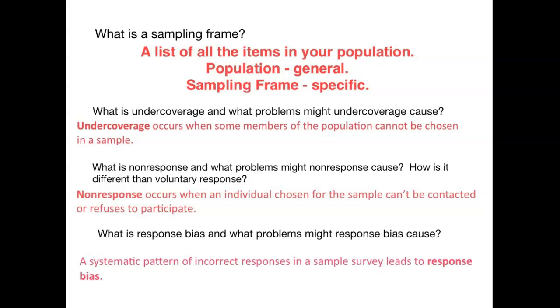You can't force them to participate. We'll talk about ethics in statistics and in statistical studies in the next section. But you can't force people to participate. And so oftentimes, especially in surveys and polls, people will just refuse to participate.